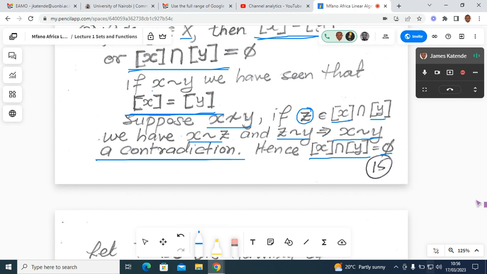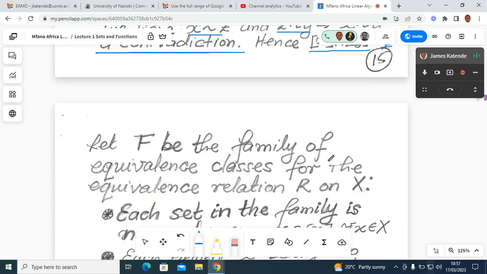So we will do an example to illustrate this.